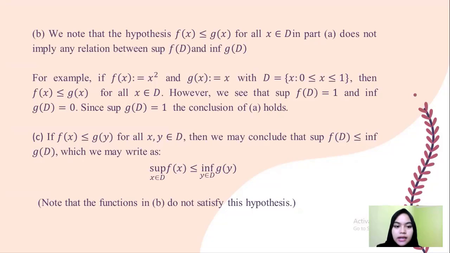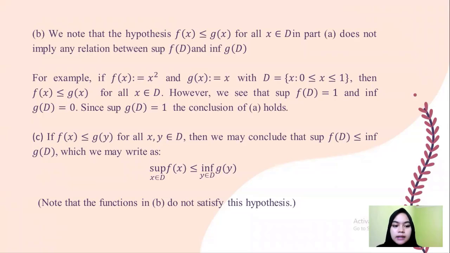For example, if f(x) is defined by x squared and g(x) is defined by x, with D equal to the set of x where x is greater than or equal to 0 and less than or equal to 1, then f(x) is less than or equal to g(x) for all x in D. However, we see that the supremum of f(D) is equal to 1 and the infimum of g(D) is equal to 0. Since the supremum of g(D) is equal to 1, the conclusion of A holds.